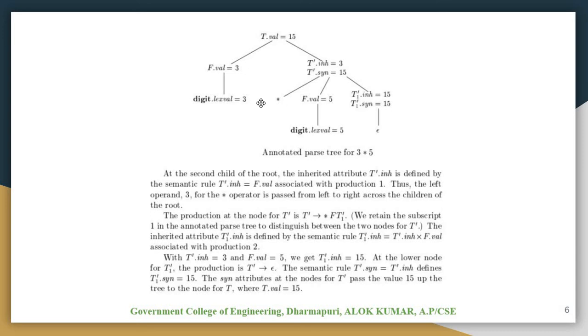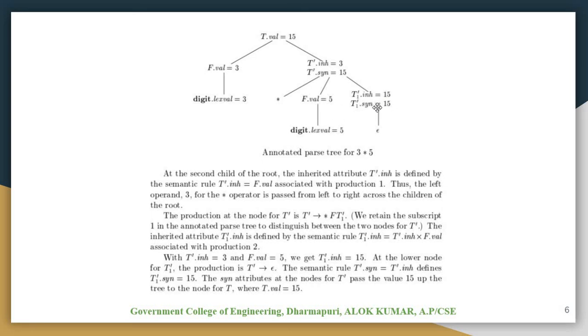Suppose we want to evaluate the expression 3 * 5 with this given SDD. How will we evaluate? Here we have an annotated parse tree constructed from the given SDD for 3 * 5. How did we construct it? T generates F T', and F generates digit, and this T' generates asterisk F T'.